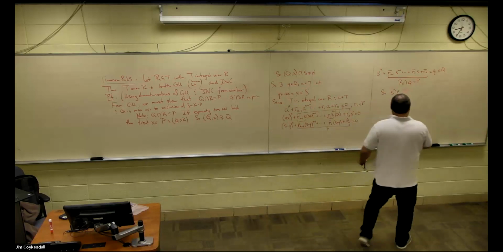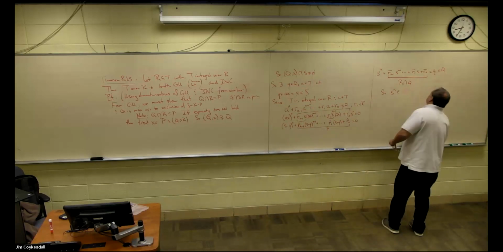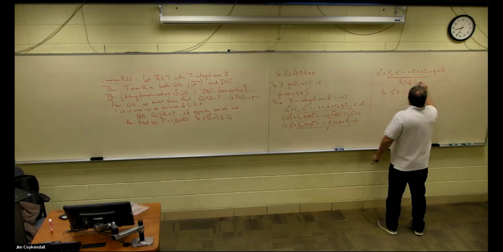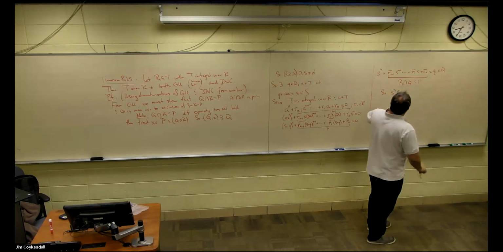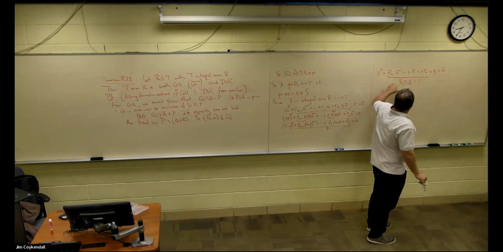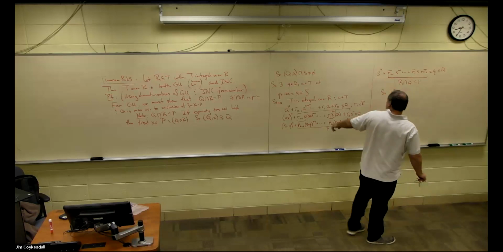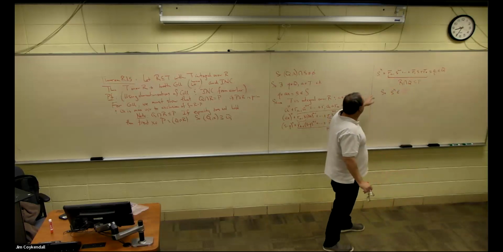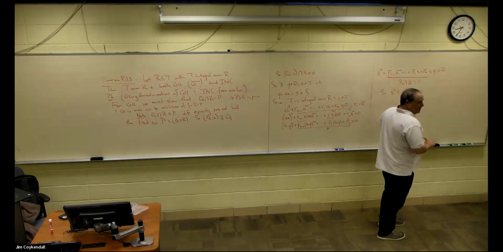R intersect Q is contained in P. I'm sorry, you're right, I shouldn't put that. This is all I need. Because all of these things are in R, and they're all in Q, so they're all in P, right? Because all these coefficients really had an X multiplying them.